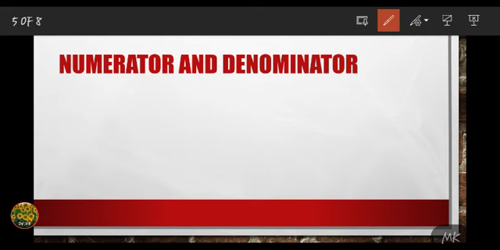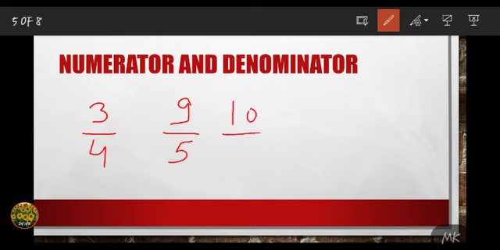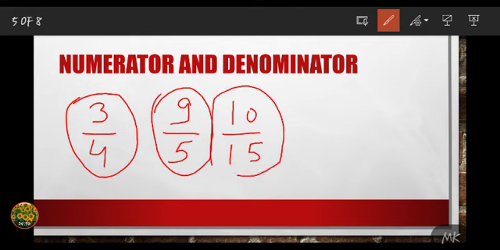So, we know that numbers in the form of one above the other, like 3 upon 4, or we can say 9 upon 5, 10 upon 15, these kinds of numbers are called fractions, in which we have a top part and a bottom part.